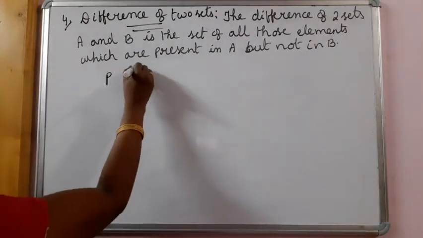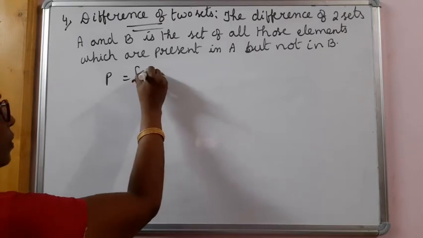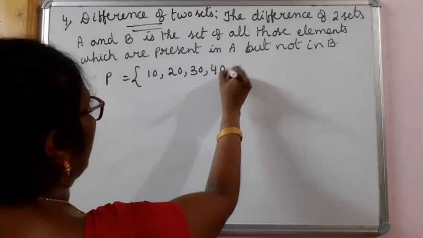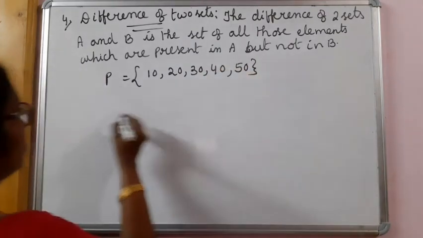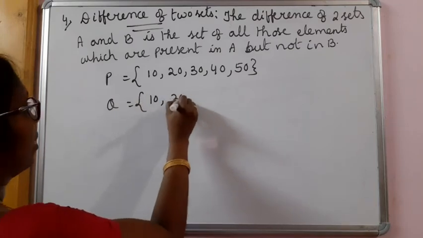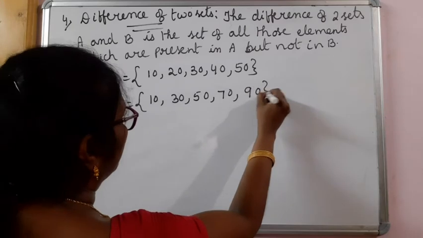Suppose set P has 10, 20, 30, 40, 50 and Q has 10, 30, 50, 70, 90.